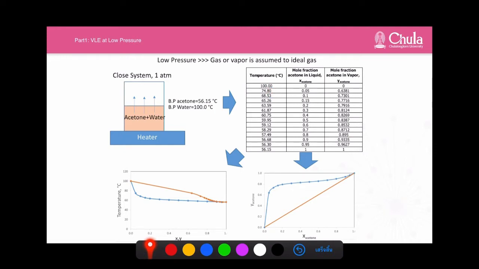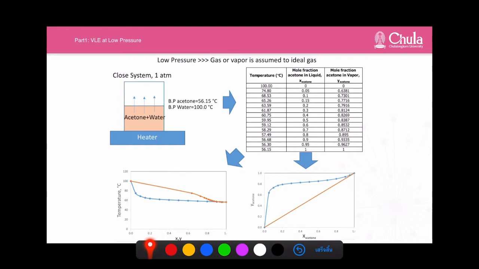You see that if our system contains a higher mole fraction of acetone in both liquid phase and vapor phase, so our system contains a smaller ratio of water, right? And the boiling point decreases along this way, right?